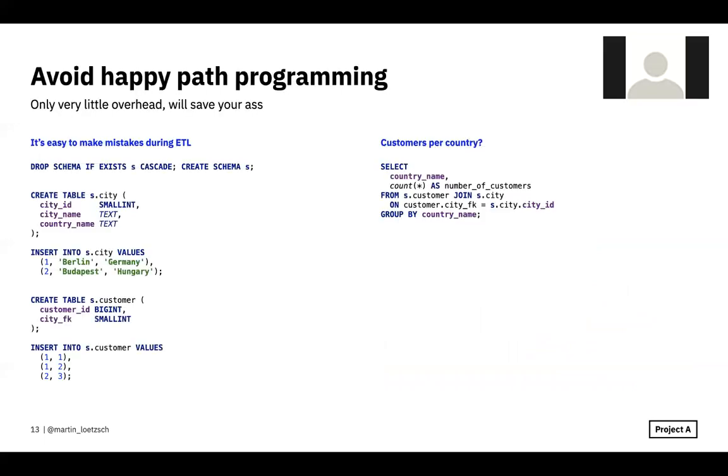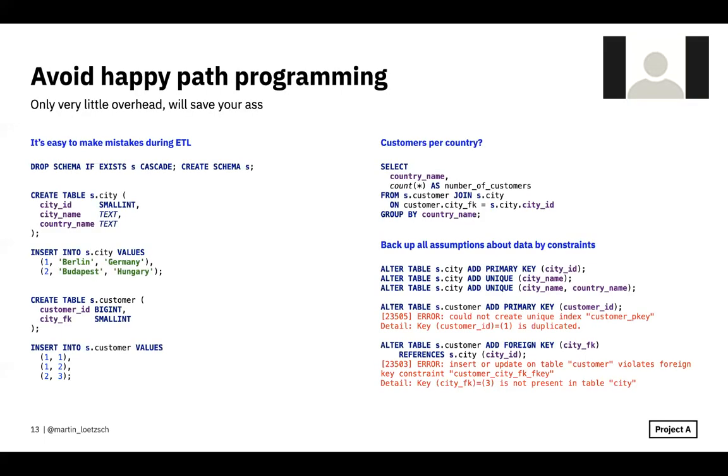Can I also just quickly ask: is it possible to add these constraints right after creating the table? No, you do that later. You normally do that later because the other table might not exist yet.